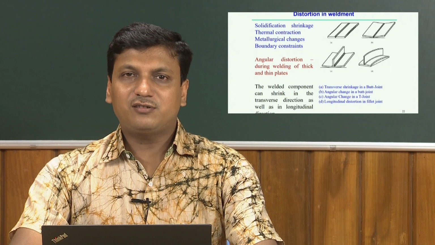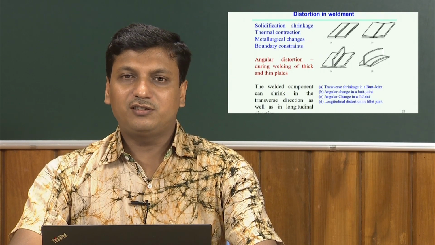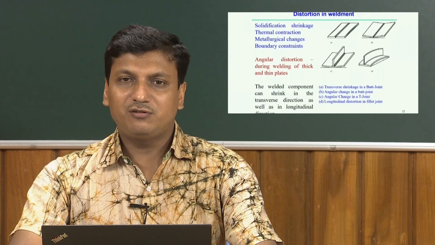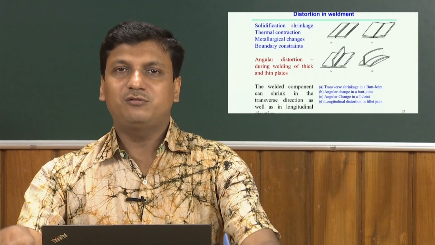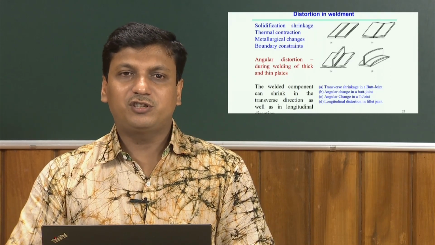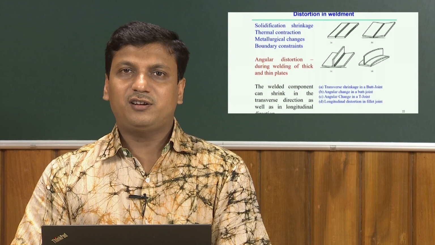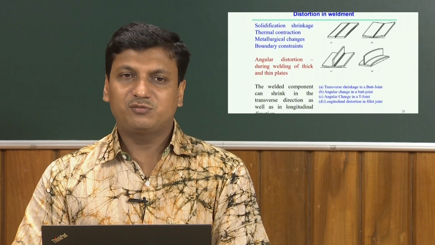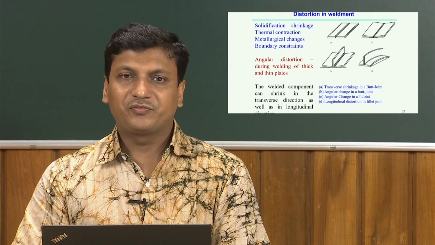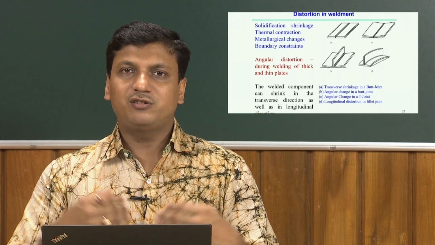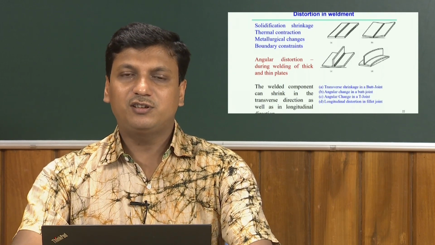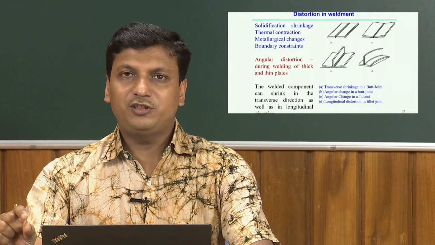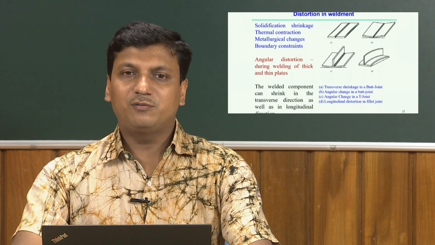Now, how can we measure or quantify the distortion in a weld joint? If you look at a butt joint configuration, the most straightforward way is to measure the angular distortion during the welding. Angular distortion can be measured even for welding of a very thick plate or a very thin plate.